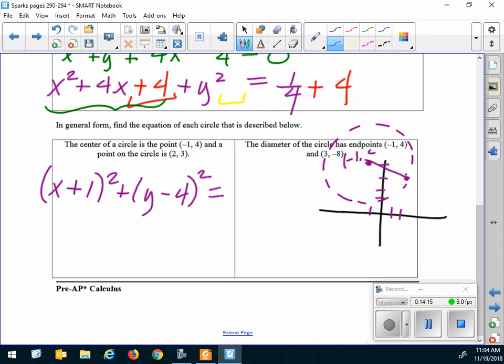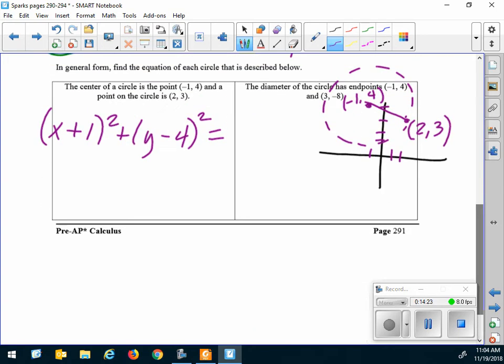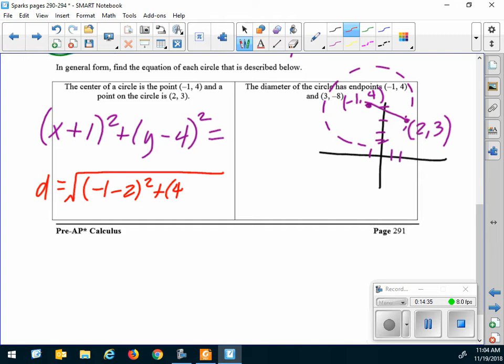So I got negative 1, 4, and I got 2, 3. So distance equals the square root of x2 minus x1 squared plus y2 minus y1 squared. Negative 3 squared plus 1 squared, is that square root of 10? So what's going to go right here?